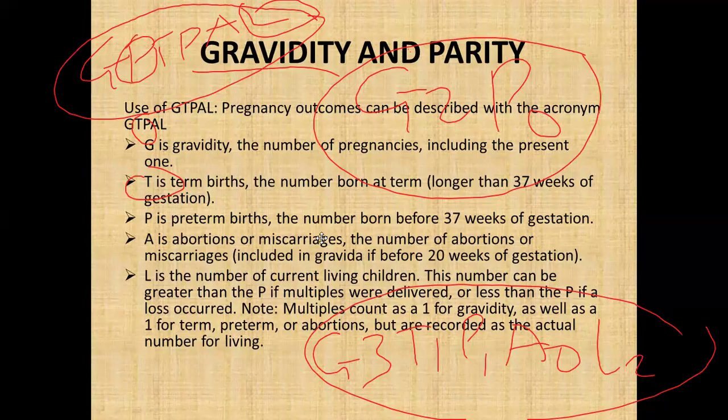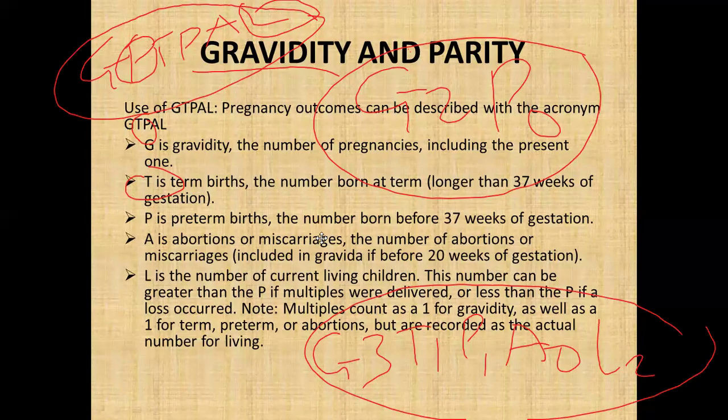When it comes to the number of children living, if there was a multiple gestation or multiple birth, like twins, triplets or quadruplets, we count the children individually.